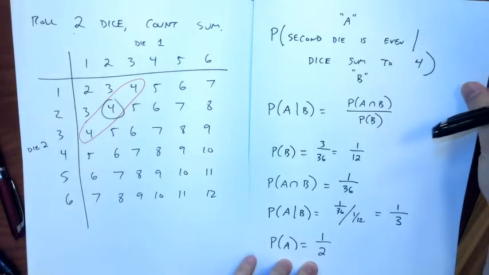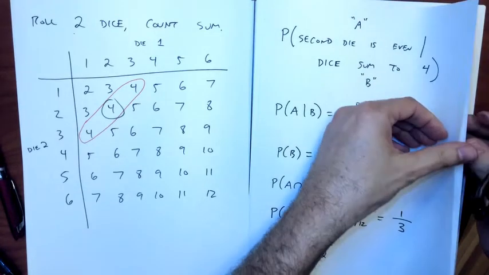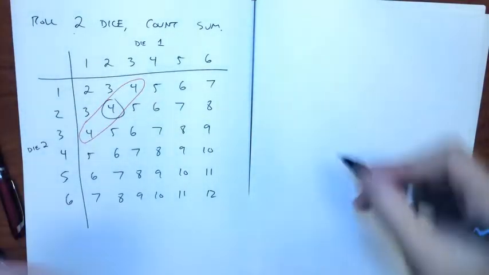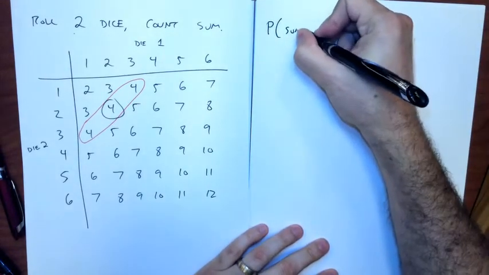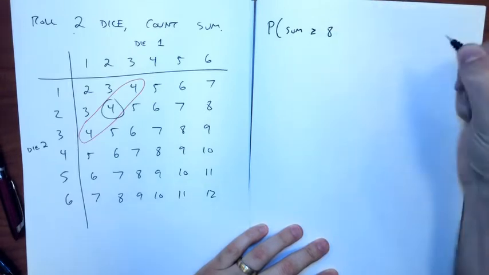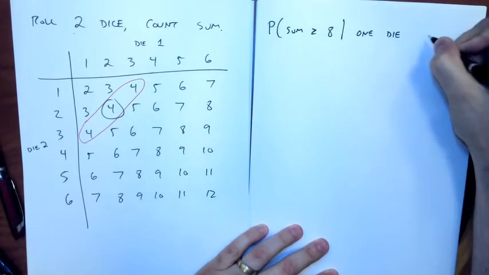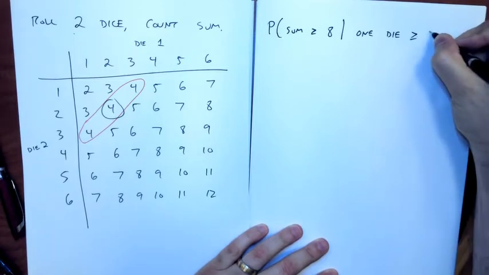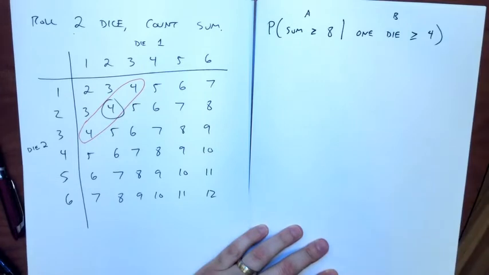So let's say something like, okay, what's the probability that the sum is greater than or equal to 8, given that one of the dice, we don't know which one, is greater than or equal to 4. Okay, again, we're going to call this our A, and this is our B, right?